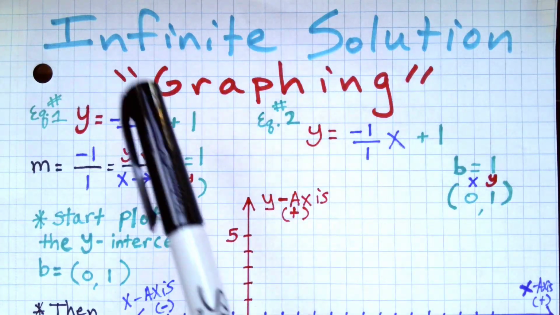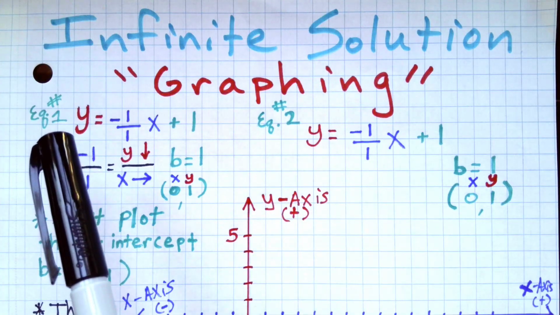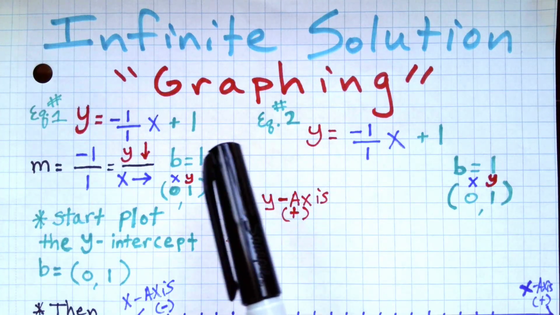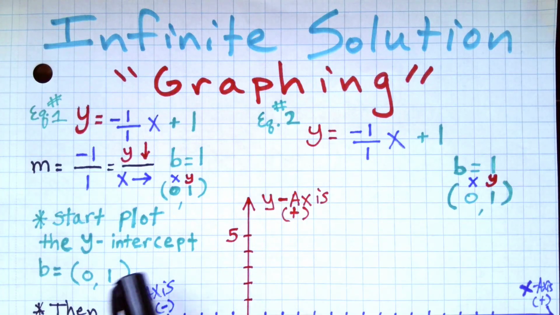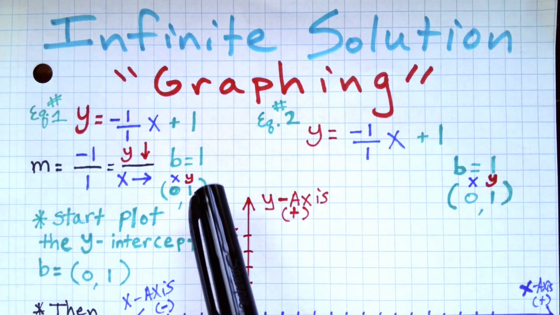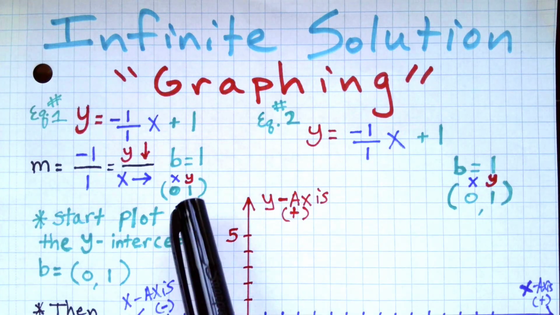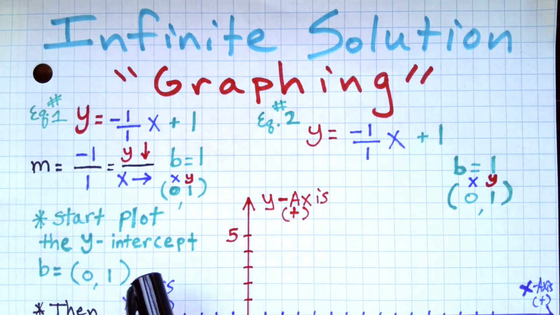I want to show you what an infinite solution looks like when graphing equation 1 and equation 2. Remember, we always start graphing at the y-intercept, which is our b value of 1, where x will always be 0. So (0, 1) is the first plot point that I'm going to graph for equation number 1.